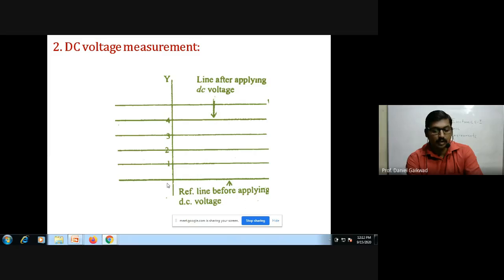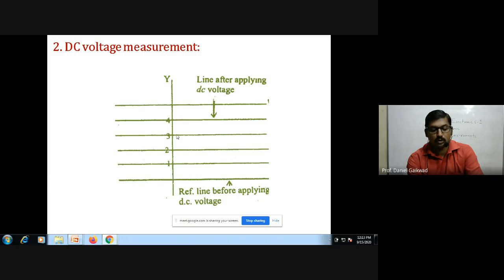Now see here, without DC voltage, the reference line or the beam of electron is set to 0 here. So the reference line before applying DC voltage is set to 0, then 1, 2, 3, 4 vertical divisions. Now when we give the DC voltage, the line will be shifted to the fourth division. So 1, 2, 3 and 4th.